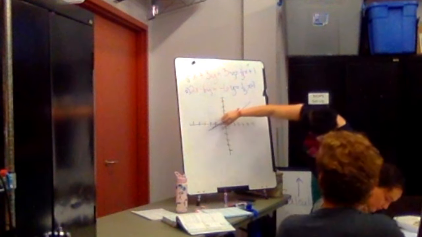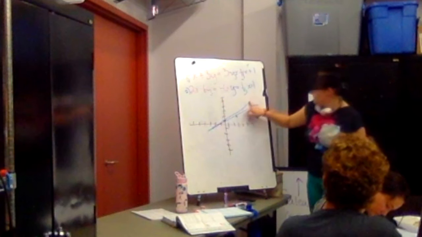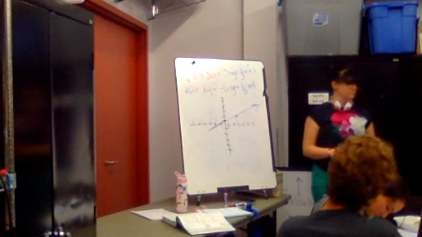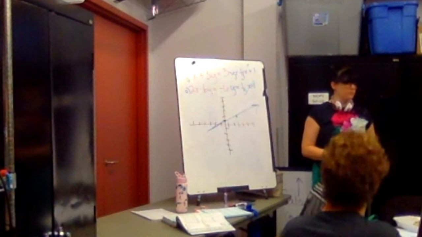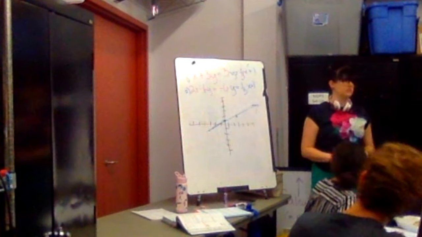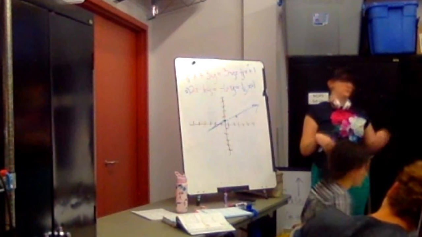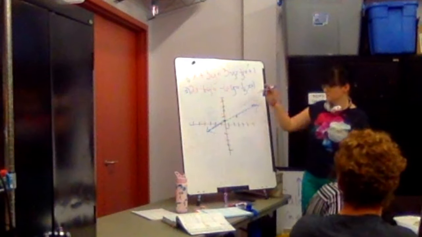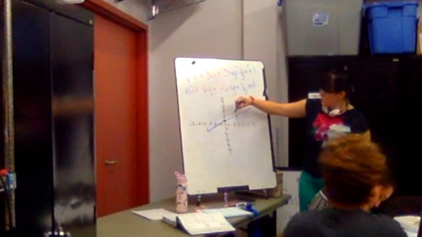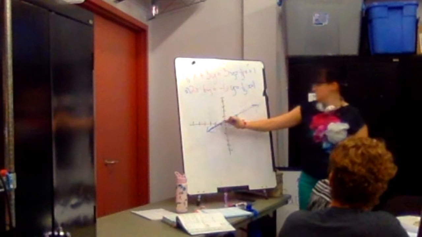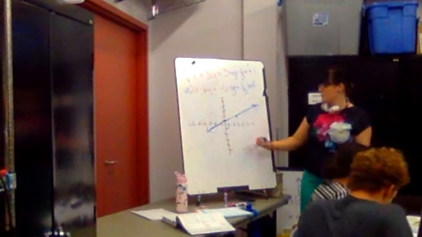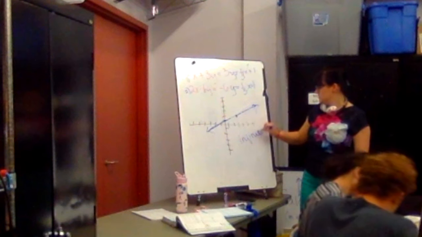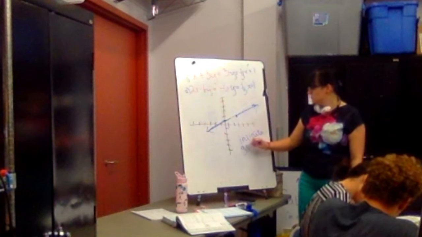That's awful. There we go, that's a little bit better. Remember, slope is the change in y over the change in x, so rise over run. And then if I were to graph my second one, I would just do exactly the same thing: up 1 over 3, connect. And then I would write infinite solutions.